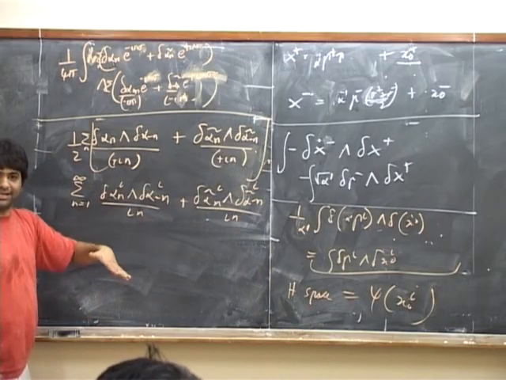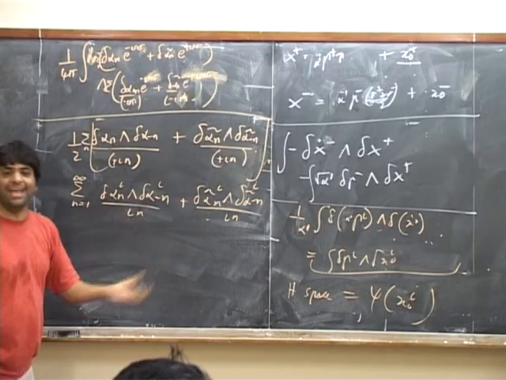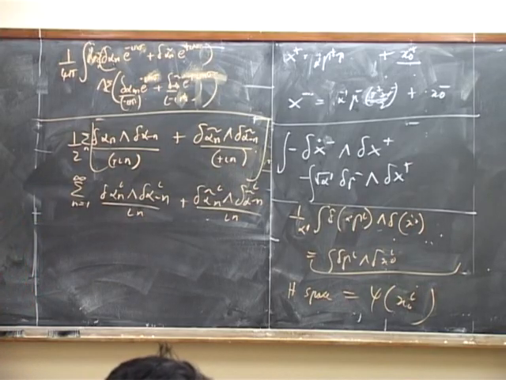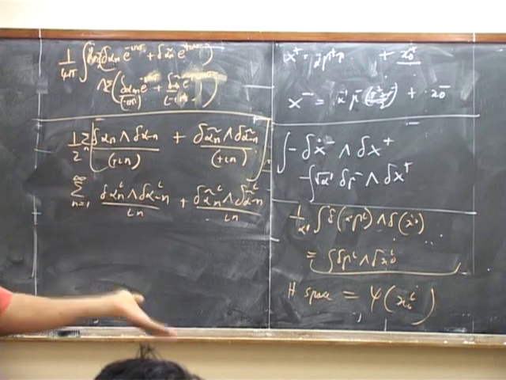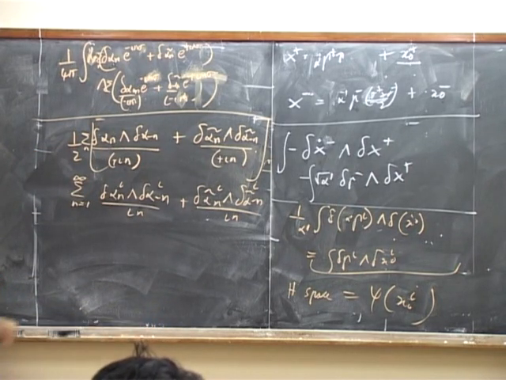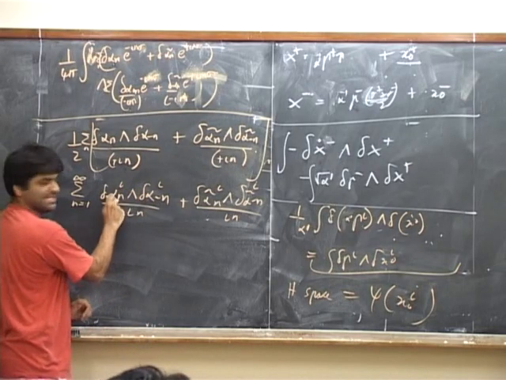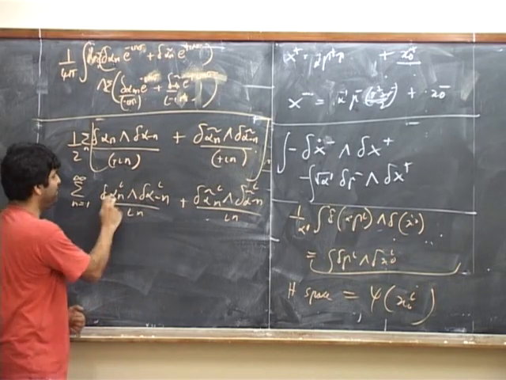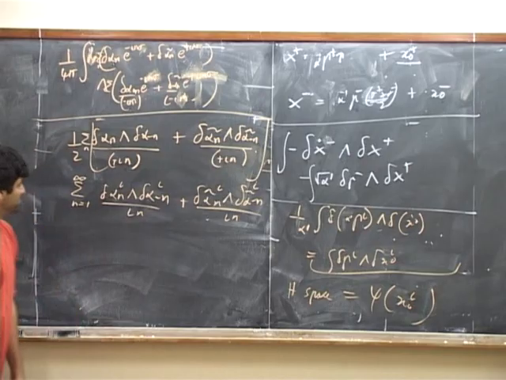So omega with lower indices has an additional factor of i n in the denominator. Therefore, omega with upper indices has an additional factor of i n in the numerator. So we conclude that this with this has a commutation relation of i times n.